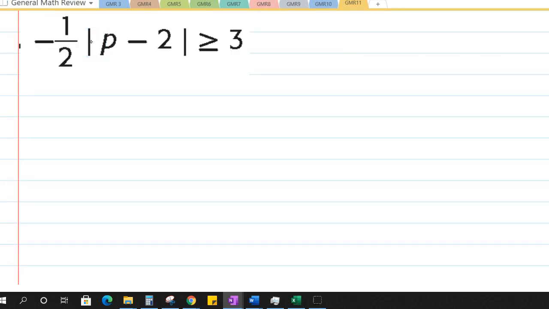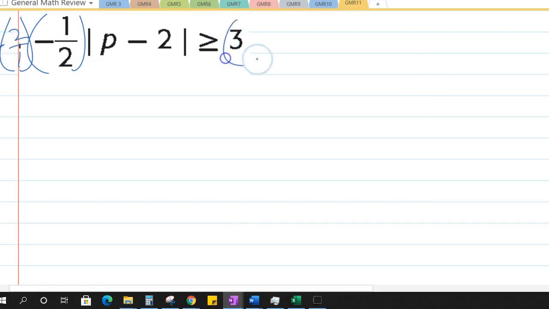Here's another one that's very good to know. I need to isolate my absolute value first. It's being multiplied times a -1/2. In order to get rid of the -1/2, I multiply times the reciprocal, which means I'm going to multiply both sides by 2/1. I also need to get rid of the negative, so I multiply by a negative.